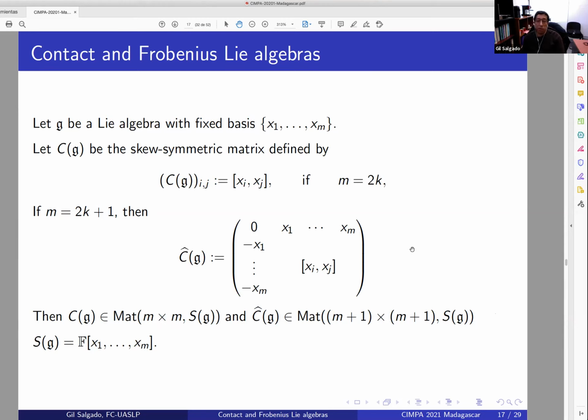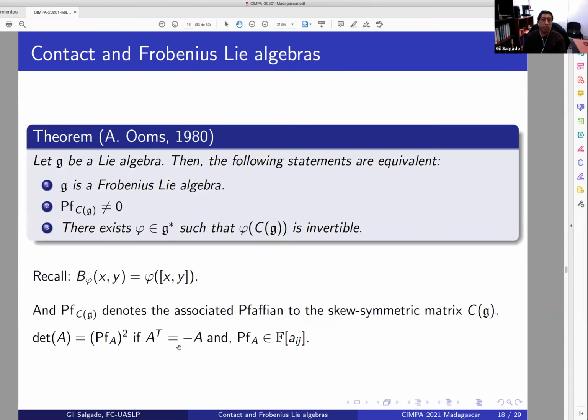And here we must think the entries of these both matrices are elements of the symmetric algebra associated to the Lie algebra, and we are thinking of this symmetric algebra as the polynomials in m variables. Okay, in 1980, Professor Ooms proved the following theorem.